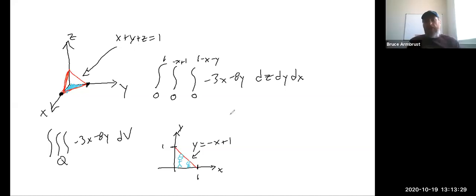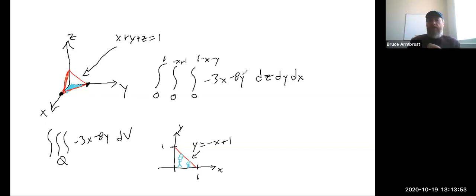So just general recommendation, draw pictures. Draw the pictures, visualize this for the 3D. This is where the Play-Doh or other kind of modeling clay can come in handy. But the better you can visualize these regions, the easier it's going to be to set up the integral.